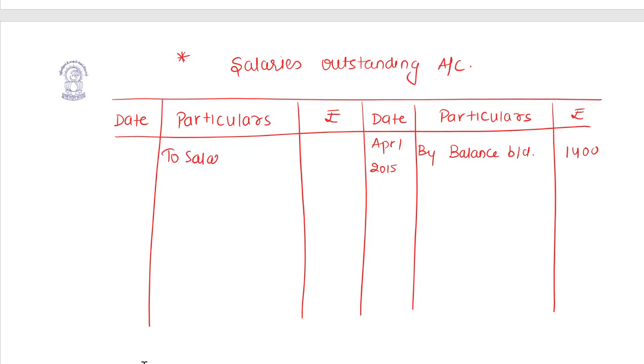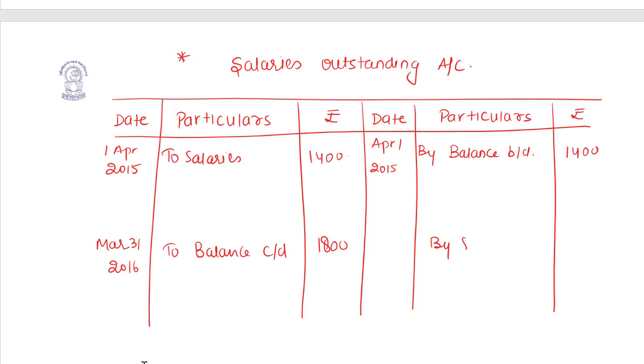This needs to be transferred to salaries account, 1st April 2015, 1400. On closing date March 31st, 2016, to balance carried down 1800. This needs to be transferred to salaries account, 1800. March 31st, 2016, 3200, 3200.